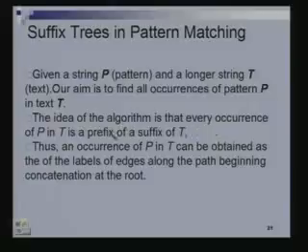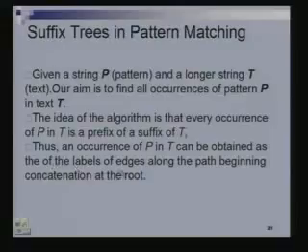The idea of the algorithm is that every occurrence of P in T is a prefix of a suffix of T. If your pattern P occurs in the text, then there is some suffix of that text of which pattern P is a prefix. Okay. So an occurrence of P can be obtained as a concatenation of the labels of the edges of the path, beginning at the root. So we can come down the tree, and the concatenation of that will give us the pattern.